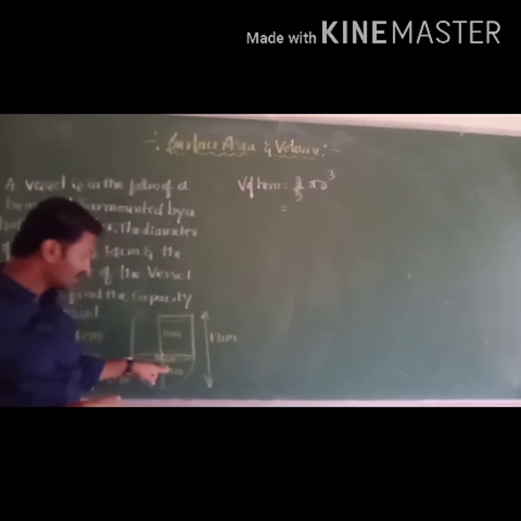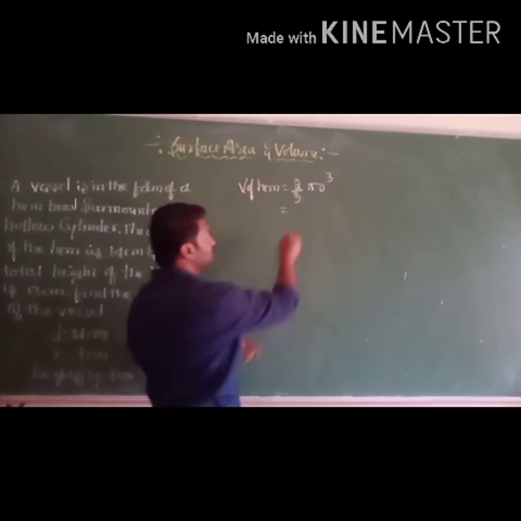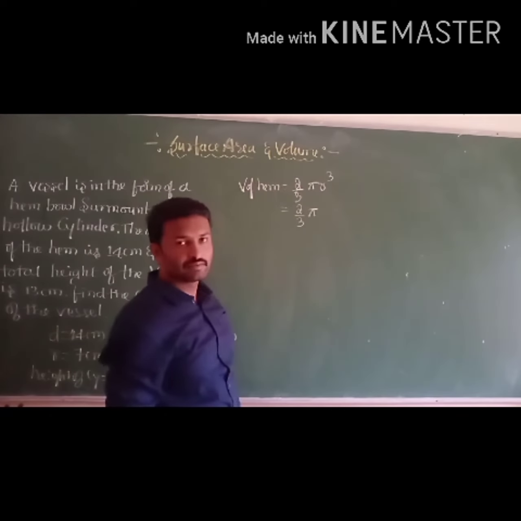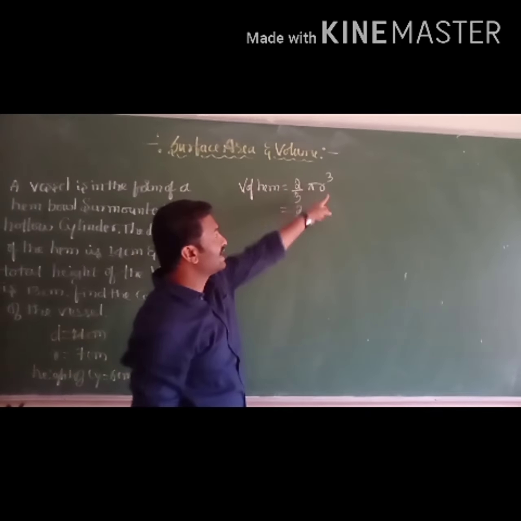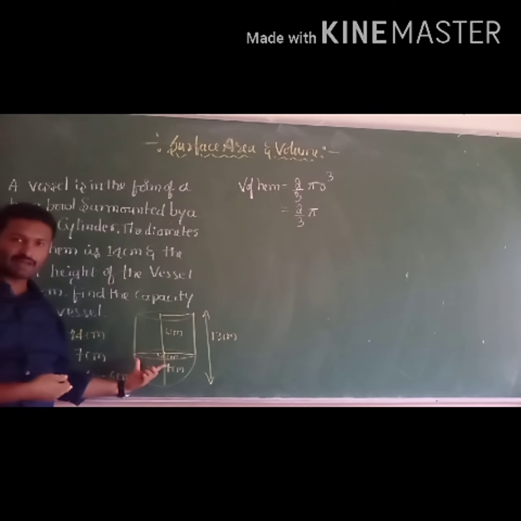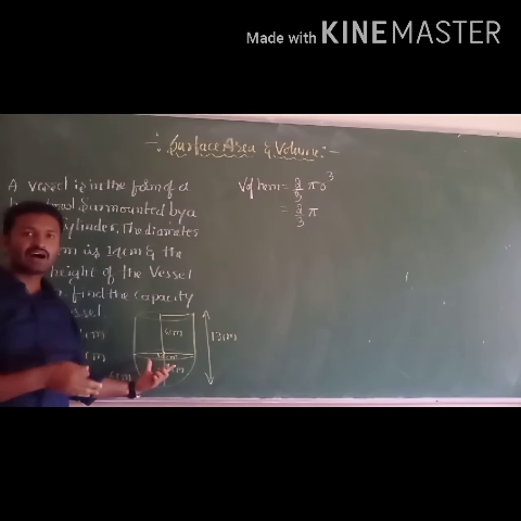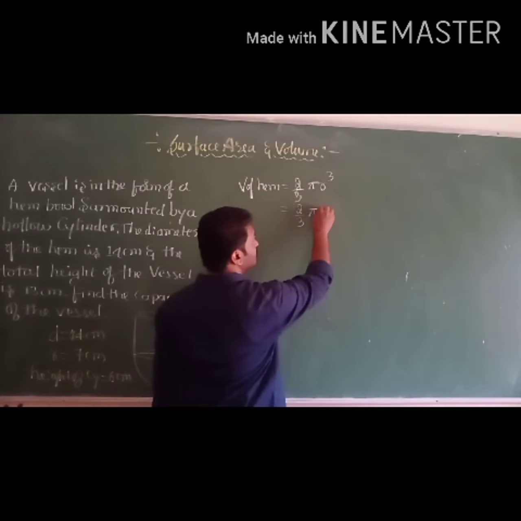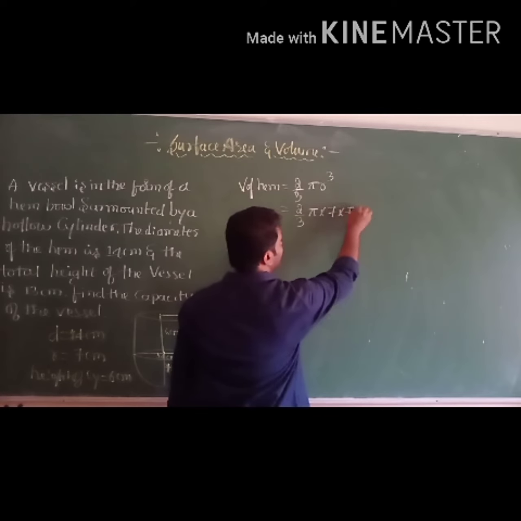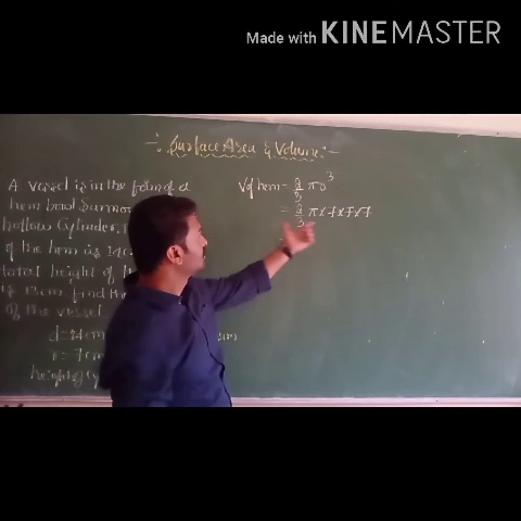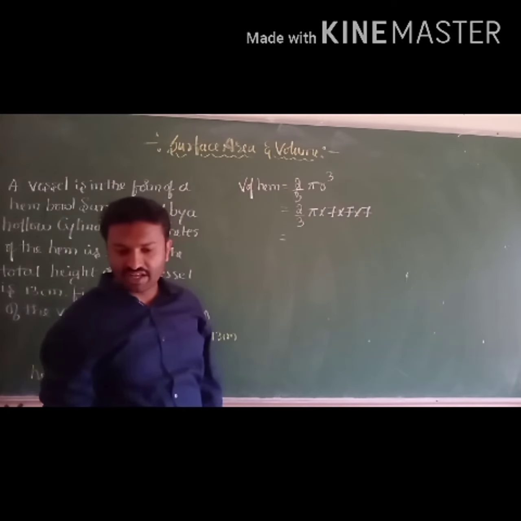Let's substitute the value: pi, and r, which is half of the given diameter, that is 7 cube, 7 into 7 into 7. After multiplication, how much will you get?